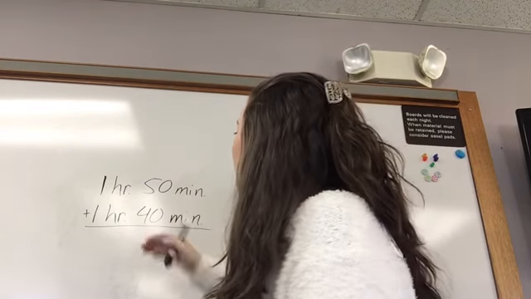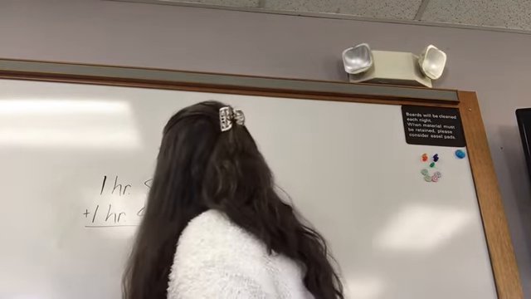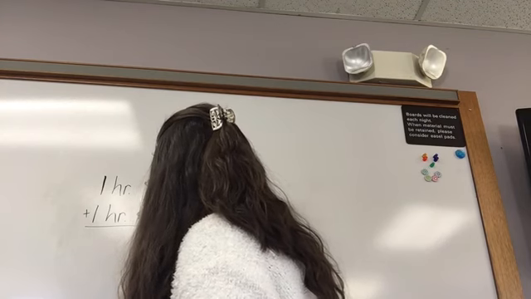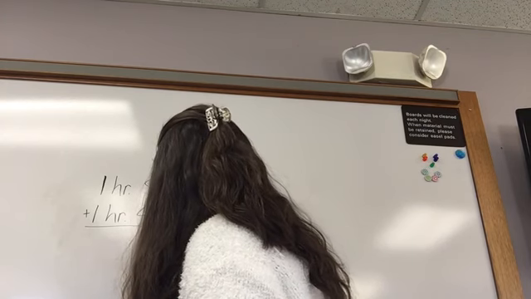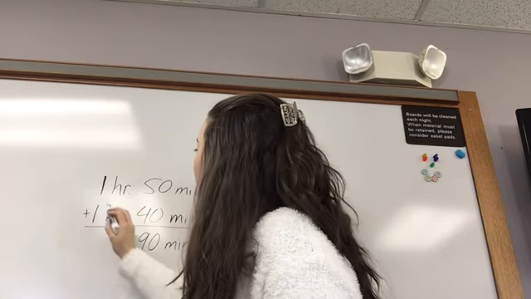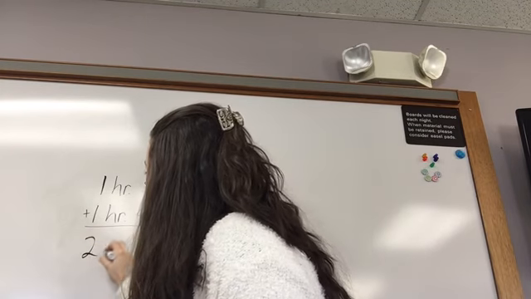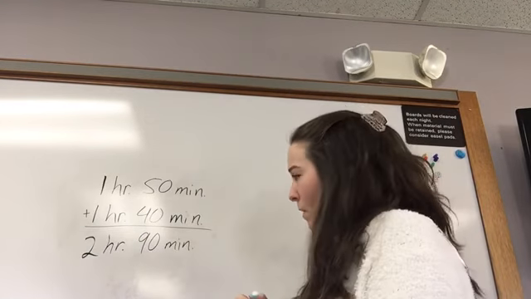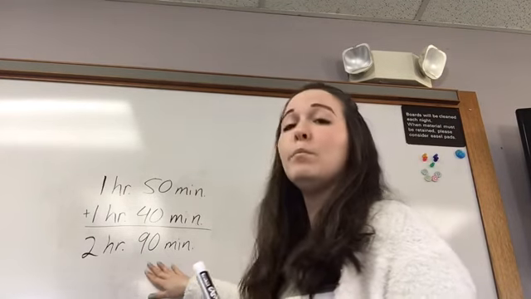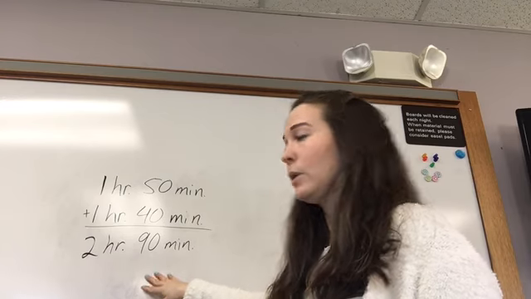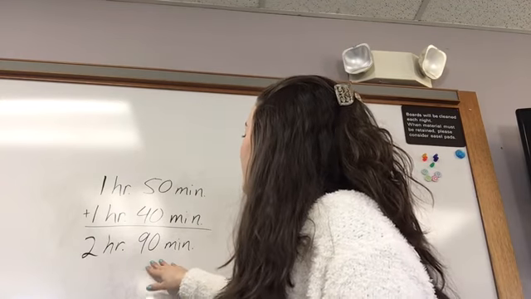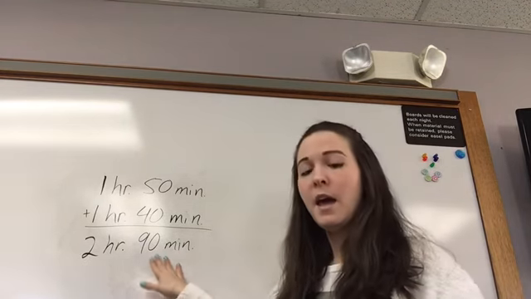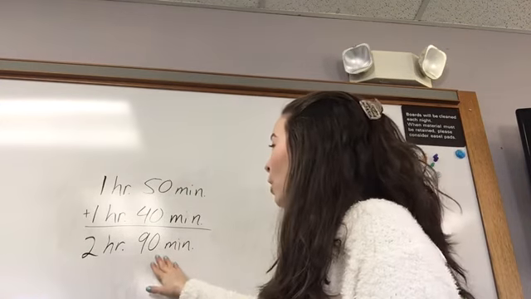So 50 minutes plus 40 minutes gives us 90 minutes. 1 hour plus 1 hour gives us 2 hours. Now, 90 minutes is more than 1 hour. So what we need to do next is take our smaller unit and convert it into our larger unit.